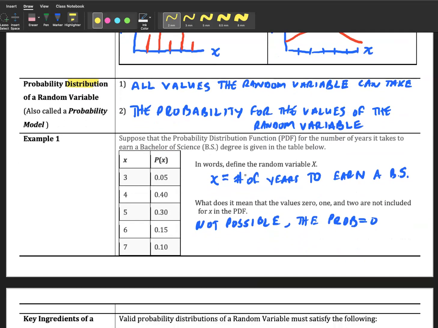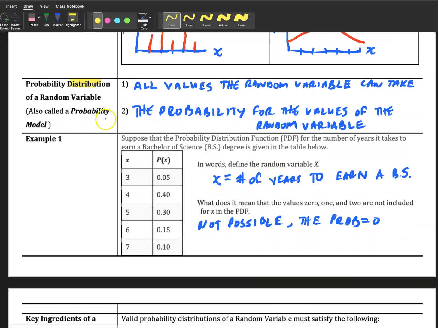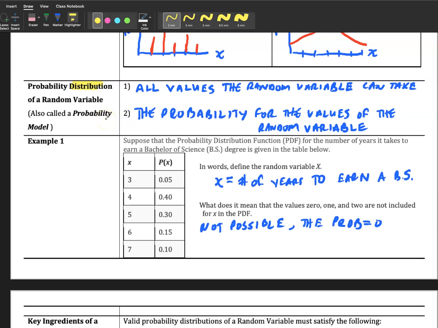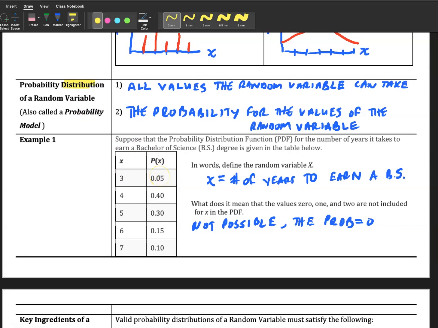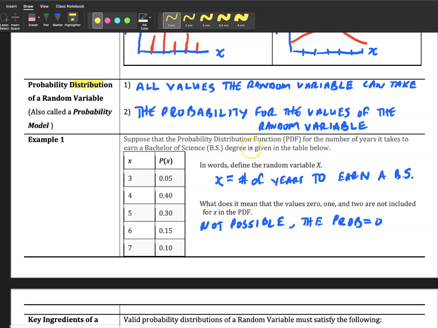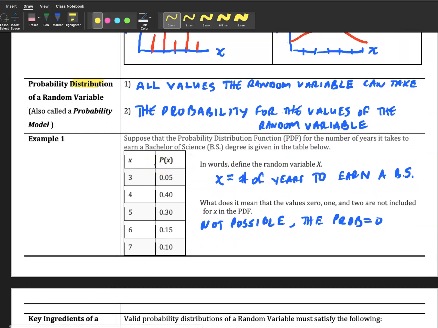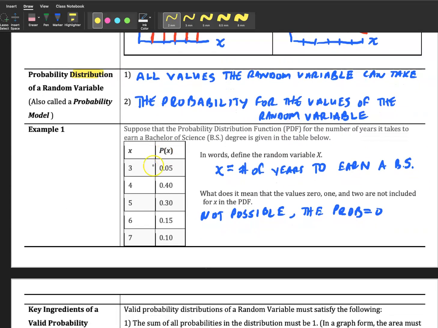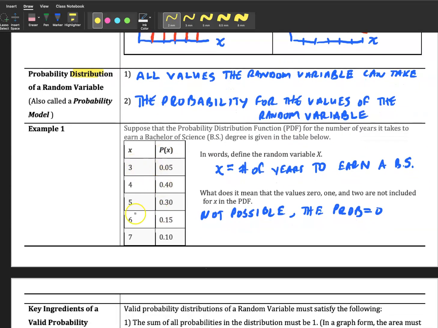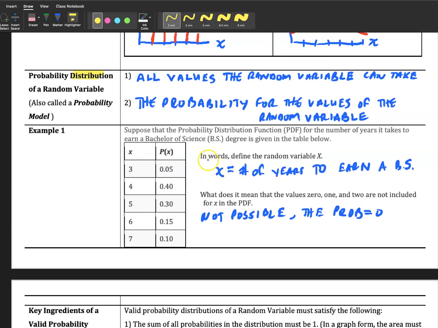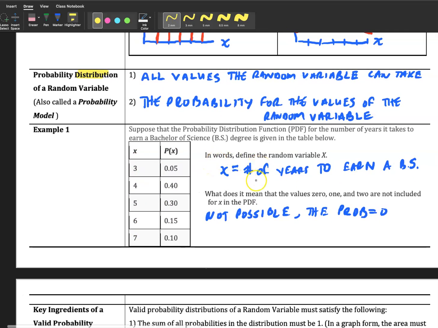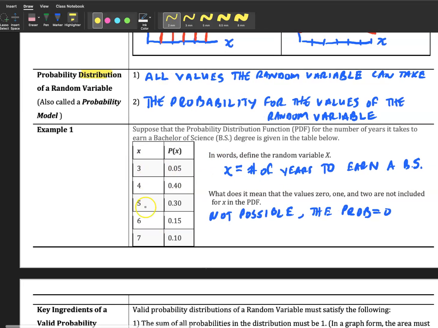Here's an example of a probability distribution of a discrete random variable. The number of years it takes to earn a bachelor's degree is given in this table. Looking at that data, you will see the random variable is the number of years to earn a BS, because that will vary from person to person.